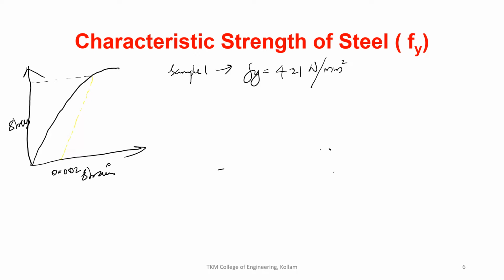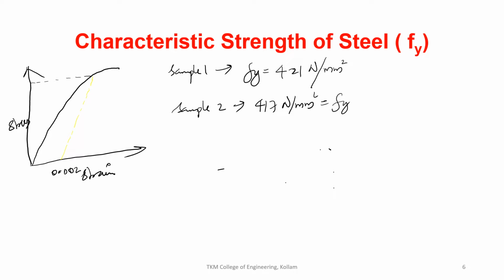Then I could say that for sample 1, the yield stress is 421 Newton per mm square. Now consider a group of samples. For sample 2 I got fys as 417 Newton per mm square.